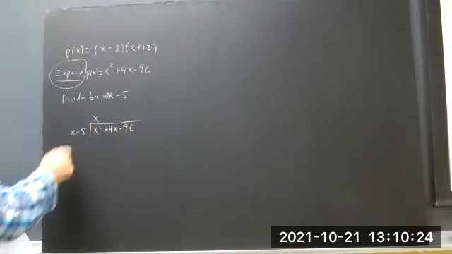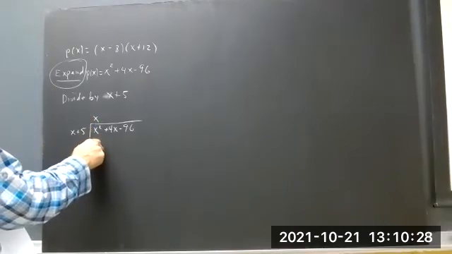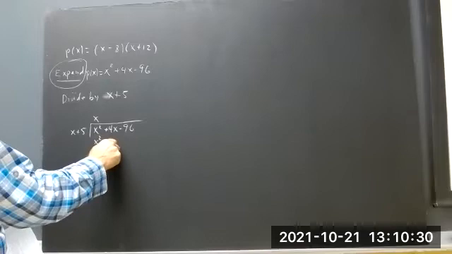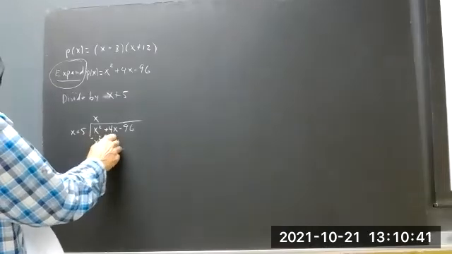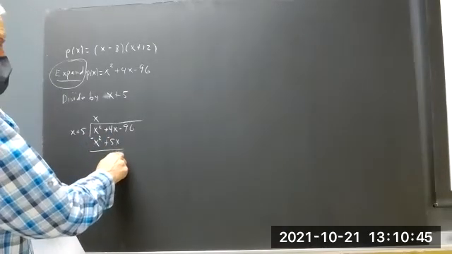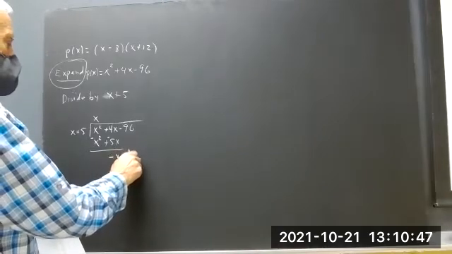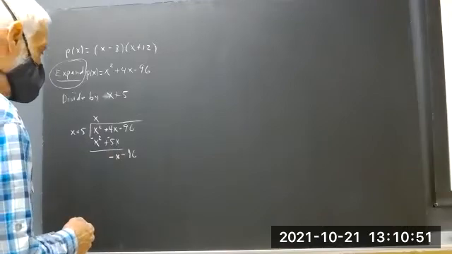We need an x here because x times x gives us x squared. And then when we subtract, we're going to get negative x minus 96. I don't know why I picked 96, but I did.